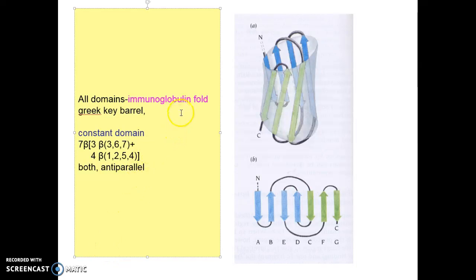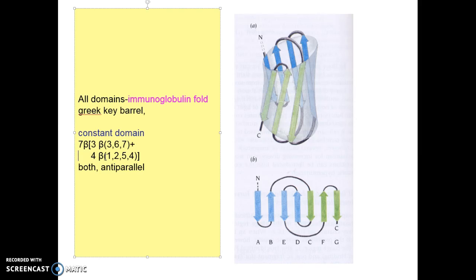The immunoglobulin fold in the constant domain of immunoglobulin G has two layers of beta sheets, one with 3 beta strands and the other with 4 beta strands.